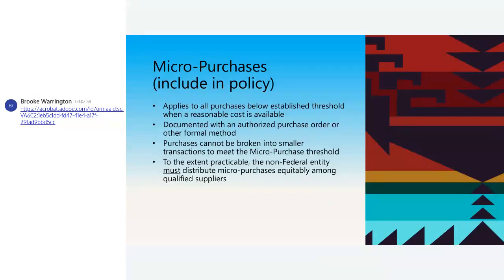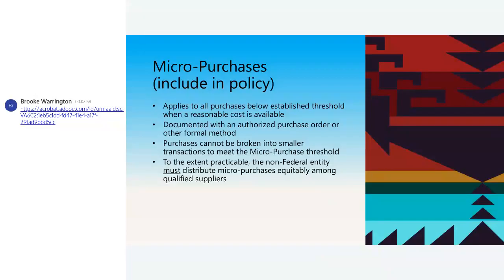Documented with an authorized purchase order or other formal method. Okay, you cannot, or your staff cannot, break those up. Okay, you can't bid split. Purchases cannot be broken into smaller transactions to meet that threshold. They will look at that. Okay, to meet your micro purchase threshold.